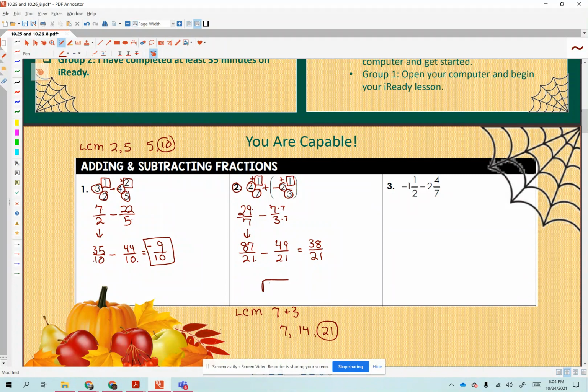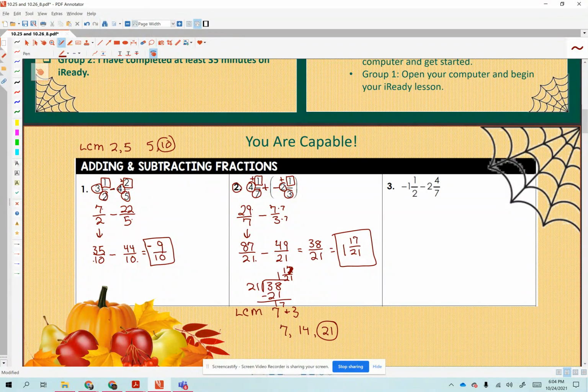And when I divide 38 by 21, it goes in one time with 17 21st. Oops, that should be a 7. 17 21st left over. So my final answer is 1 and 17 over 21. And I can move on to number 3.